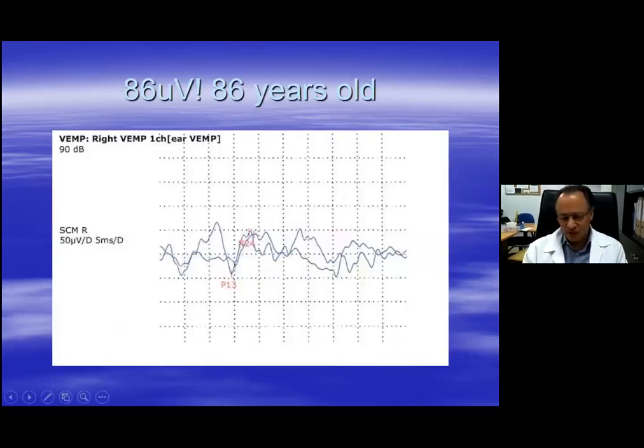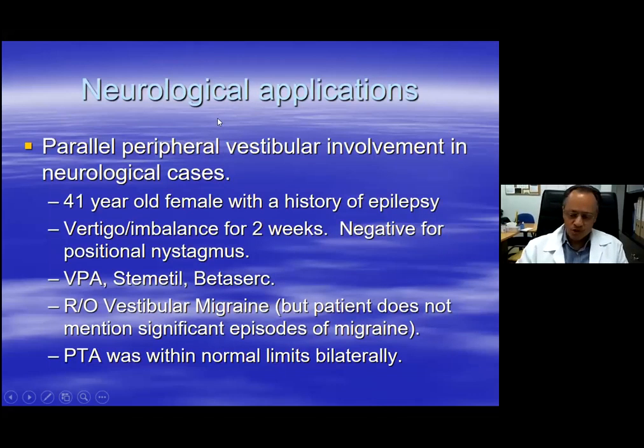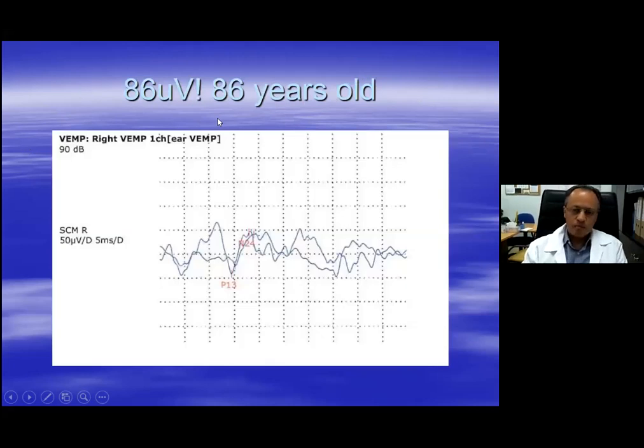So I would like to first show you this slide with regards to recording from the elderly. Like I mentioned in the first lecture, many reports in the literature ask those performing the test not to attempt to record in the elderly because there are many reports of unobtainable responses, either bilaterally or only one side.